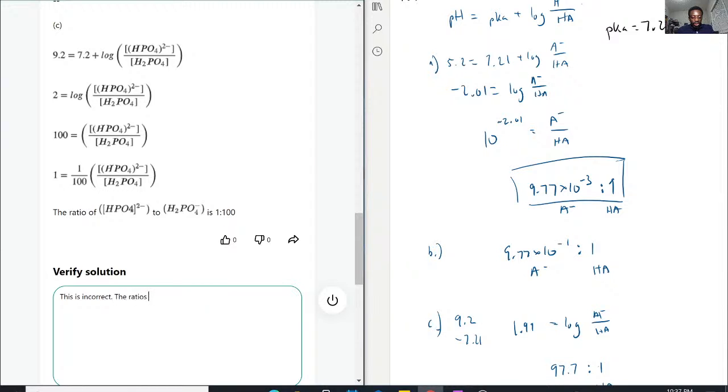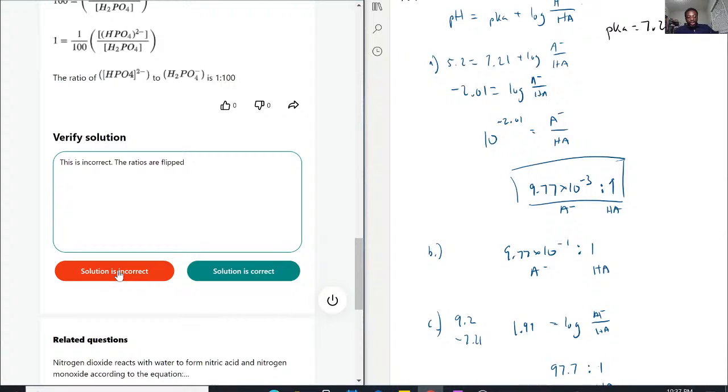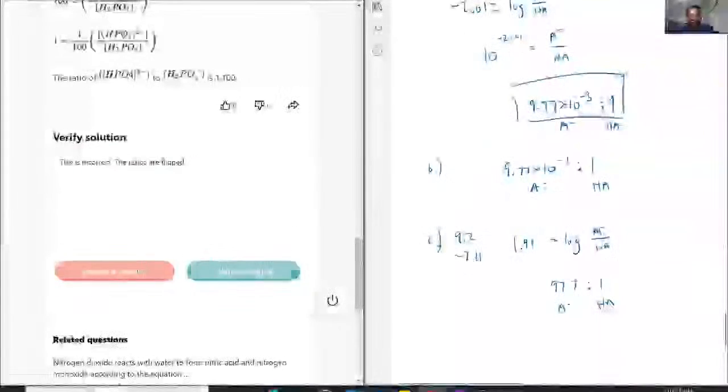The ratios are flipped. It should be 100 to 1 for the more basic solution. The conjugate base is the HPO4, which is why that one had to be the bigger one, at least in the basic one. And then in the acidic one, you just have to flip it over again, okay? So just like how I did.